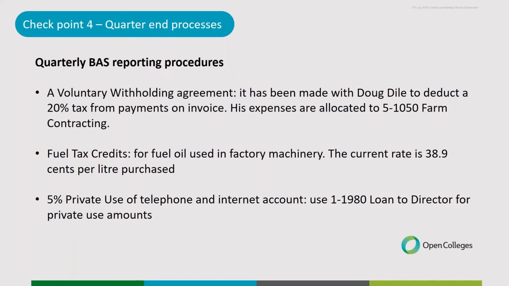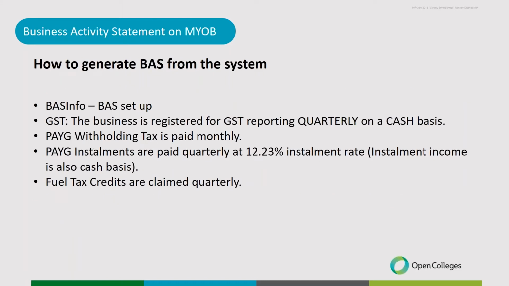And every quarter end, Capsicum will account for fuel tax credits and also the 5% private usage of the phone and internet account, which will be allocated to the loan to director account.